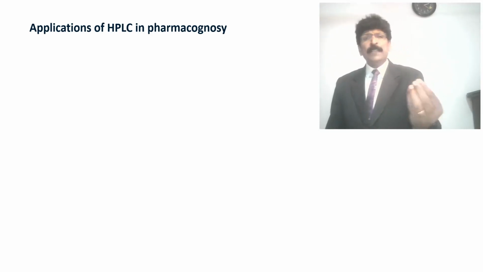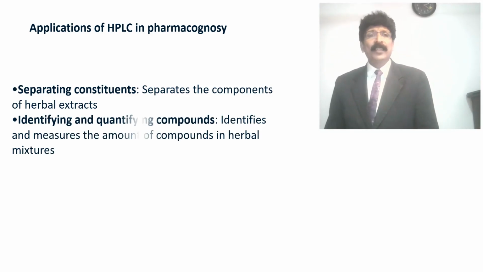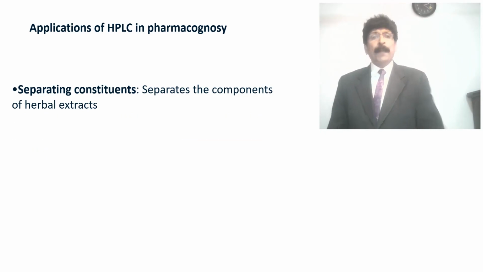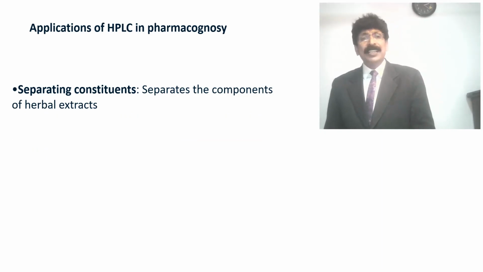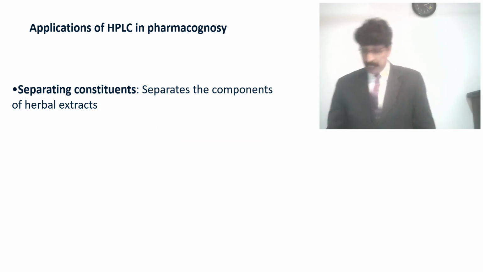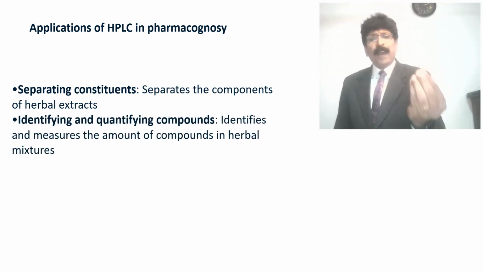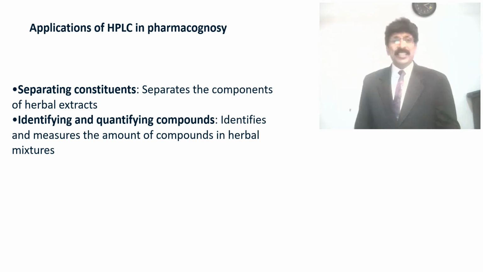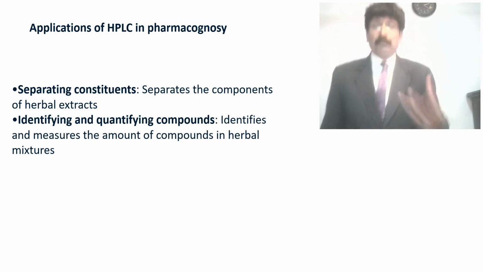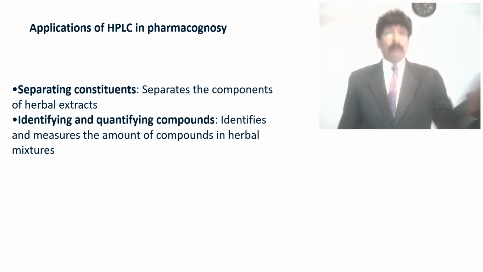Application of HPLC in pharmacognosy. Separation of constituents: separates the components in herbal extracts. Identification and quantifying compounds: identifies and measures the amount of compounds in herbal mixtures and herbal formulations.